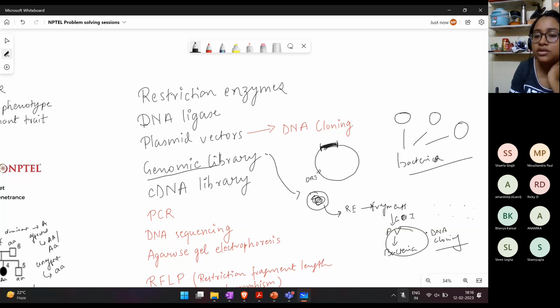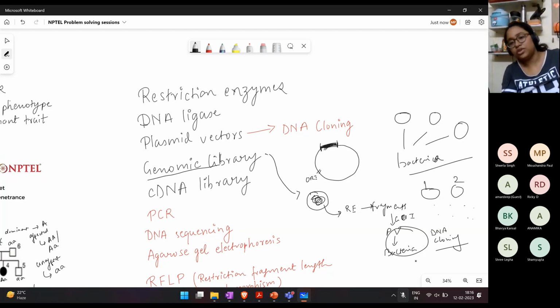So now you can store them separately, you can make different fractions, like you can label one fragment as one, this fraction of bacteria has two. So in this way you can create bacterial colonies and clone those fragments and create a library for yourself.